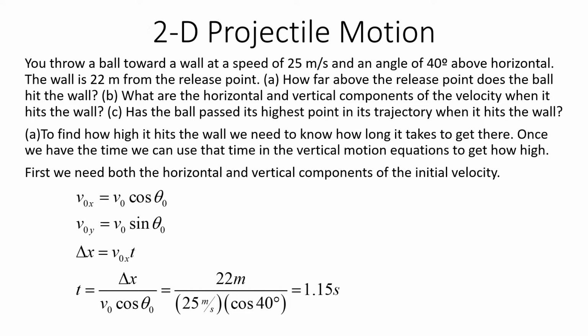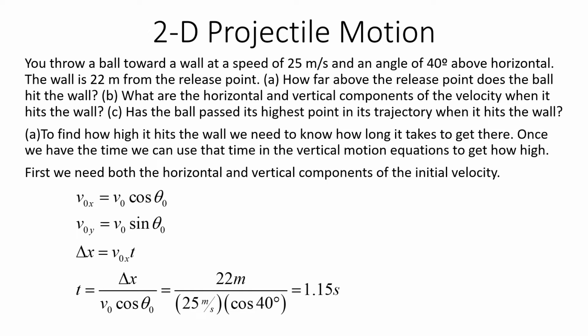So t then is going to be delta x over v naught cosine theta, where delta x was given 22 meters, the v naught was 25 meters per second, and then cosine of 40 in the denominator. So we crunch those numbers, we get 1.15 seconds. So that's how long it takes to hit the wall.